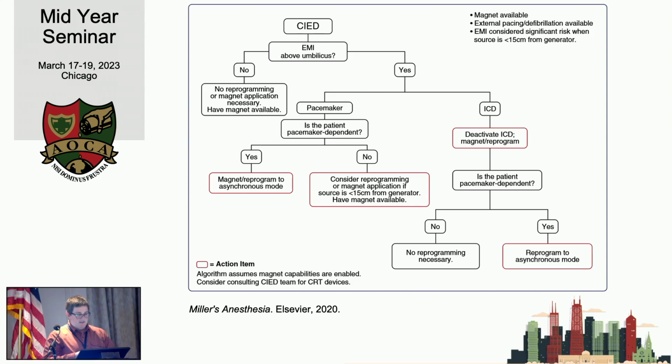And then beyond that, like we talked about, if they also have pacemaker dependency, you're going to want to have that reprogrammed to an asynchronous mode because, like we talked about, the magnet is not going to change the response of a pacemaker that's paired with an ICD. So this algorithm is kind of targeting an elective case where maybe you have time to get a rep in, talk about reprogramming the device.